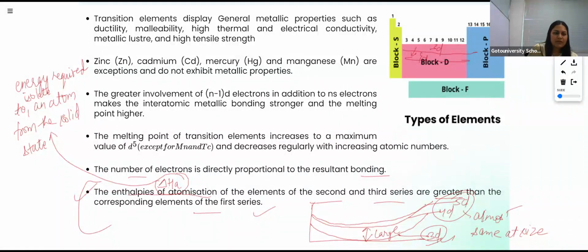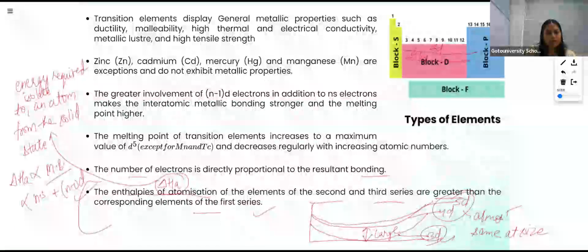Also, enthalpy of atomization is directly proportional to the metallic bonding, to the number of s electrons and the number of electrons present in d orbitals, and it also depends on the interatomic attractions.